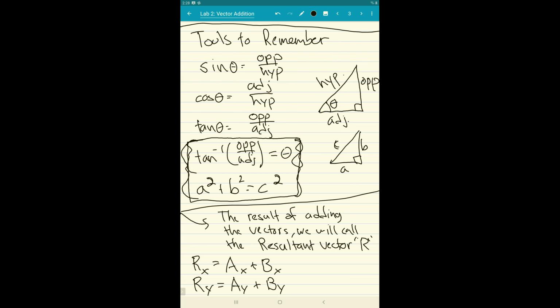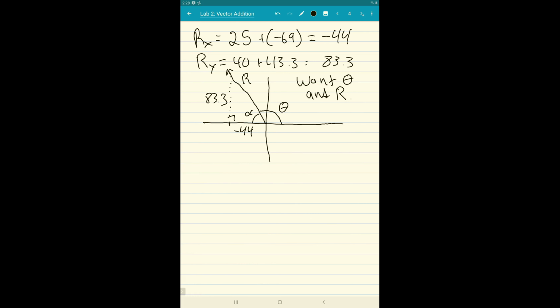All right? So now here's a slightly tricky part. Just stuff to remember. I'm going to go ahead and find the angle. When I do this, you're going to see that it actually isn't going to give me theta. It's not going to give me the angle I want. It's going to give me alpha. So if I say tangent of alpha is equal to this 83.3 over this negative 44, I'm going to do it for you so you see the trouble here.